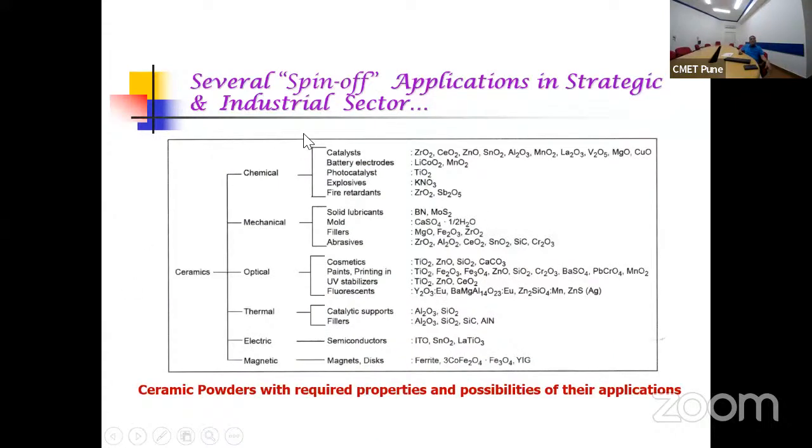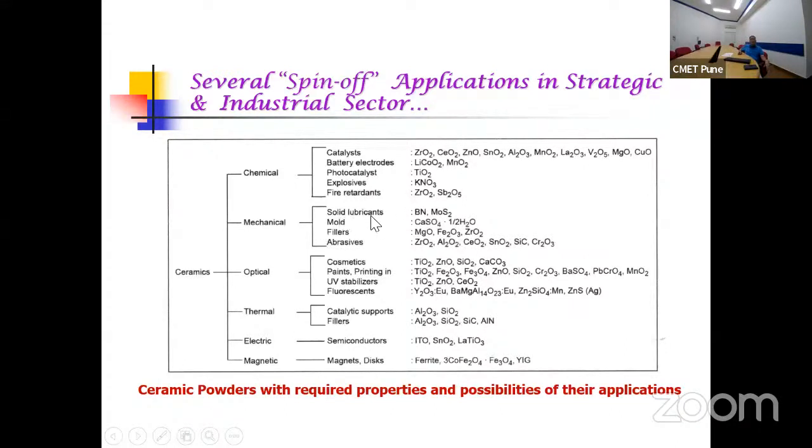Here I am showing several instances of application in the industrial sector, like ceramic powders. In chemical, like catalysts, zirconium oxide, cesium oxide, different nanoparticles. One can use battery electrodes, lithium cobalt, magnesium oxide, photocatalyst, titanium, explosives.